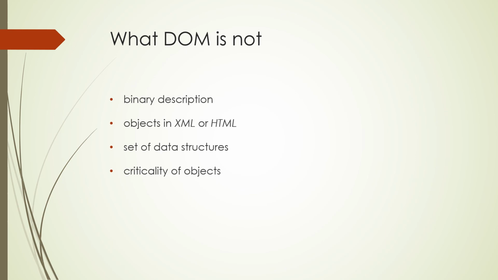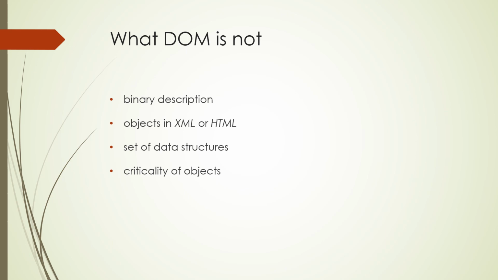What are objects in XML or HTML? The document object model is not used to describe objects in XML or HTML, whereas the document object model describes the XML and HTML documents as objects.